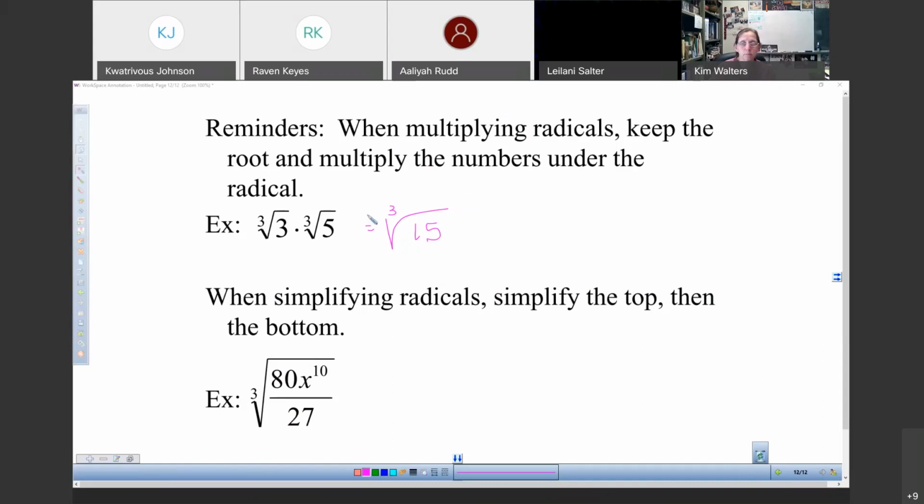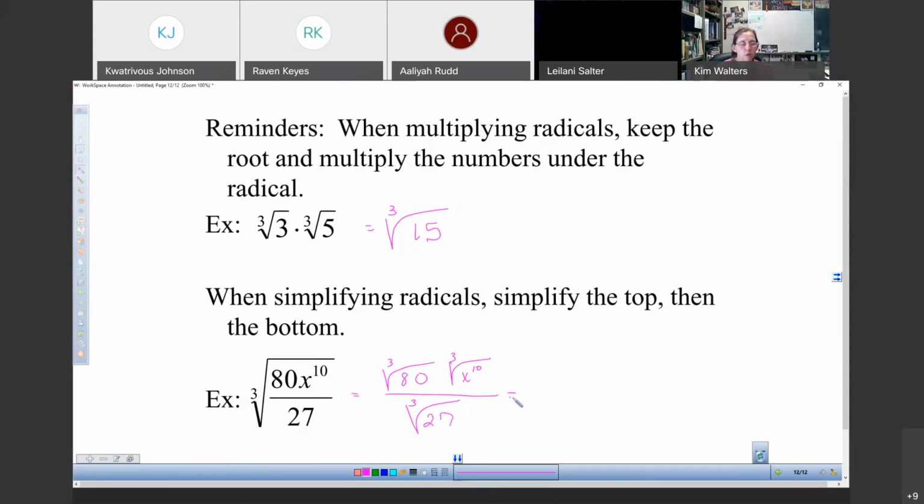All right. So here on this one, it's very similar to one we did a while ago. We can split this into pieces, and so this becomes the cubed root of 80, the cubed root of x to the 10th, and the cubed root of 27.